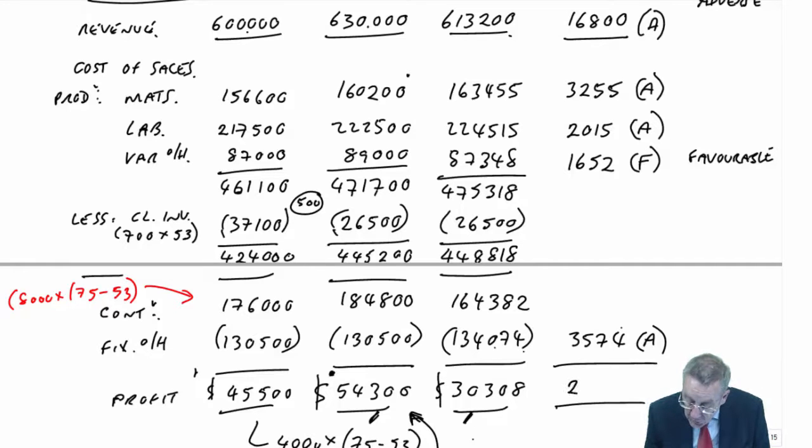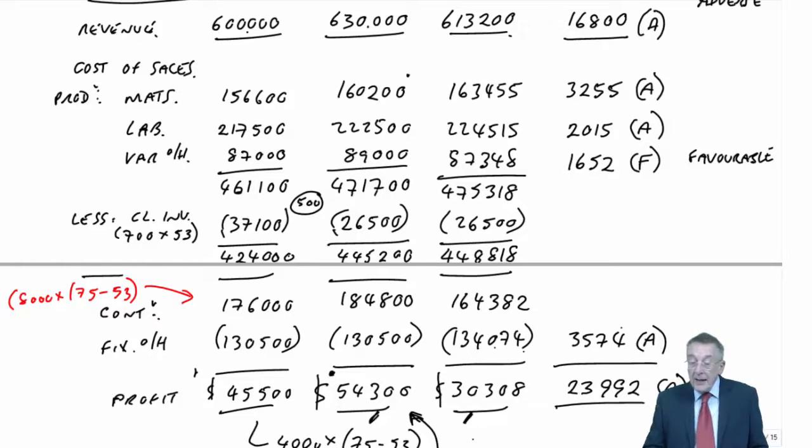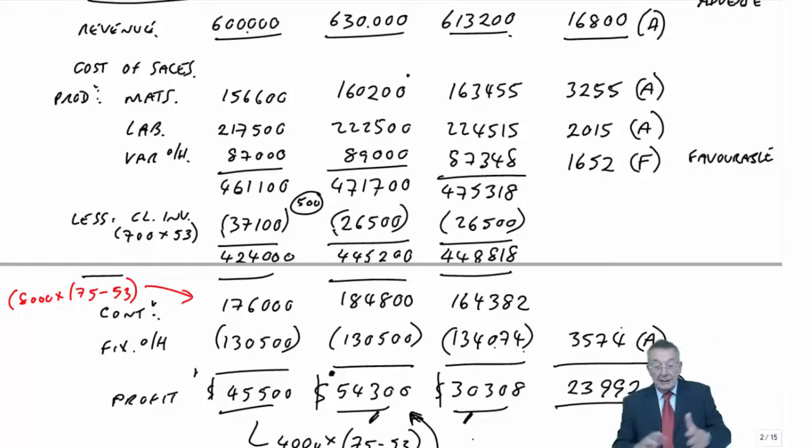The total comes to 23,992 adverse. And so just as a double check, that should explain the difference between the 54,300 we were expecting and the 33,008 that we actually got. Yes, 23,992. So we now know all the reasons for the profit being different.